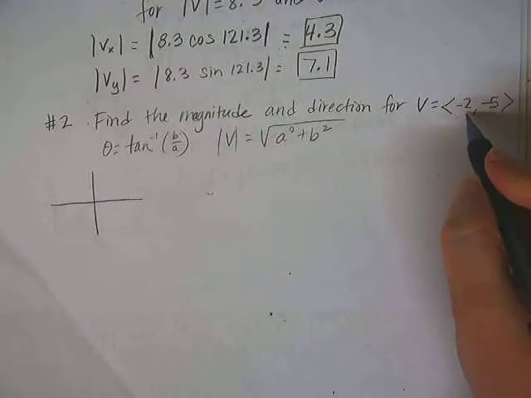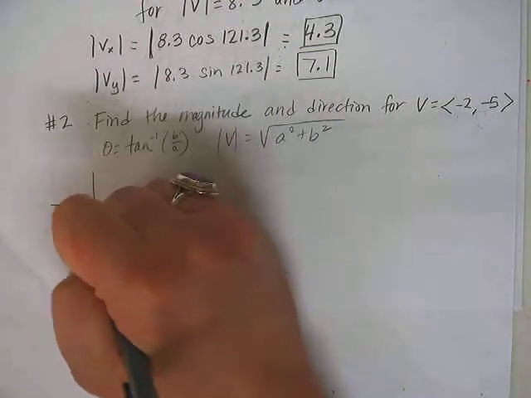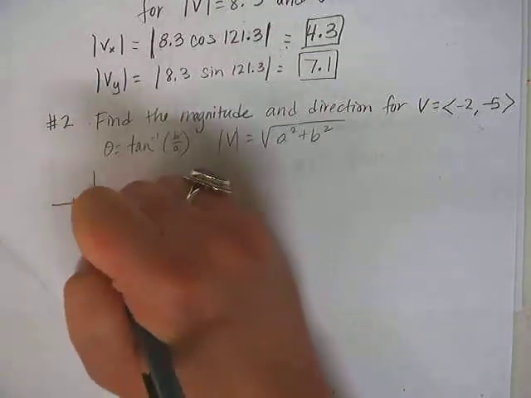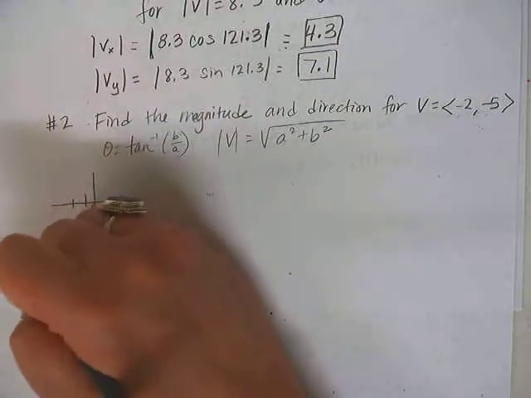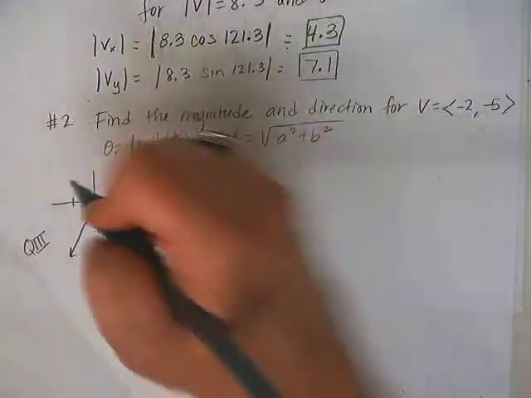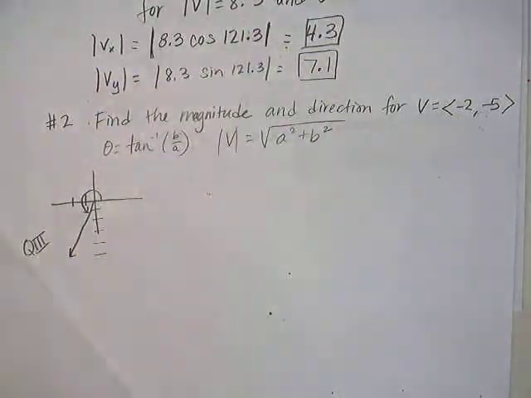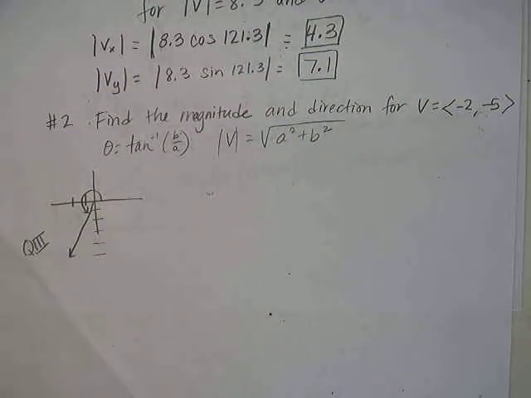To help me remember what quadrant I'm putting them in, I always like to draw a picture. So I would graph this, -2, -5. That helps me realize that it's quadrant 3 so that I'm for sure careful about finding the right angle.